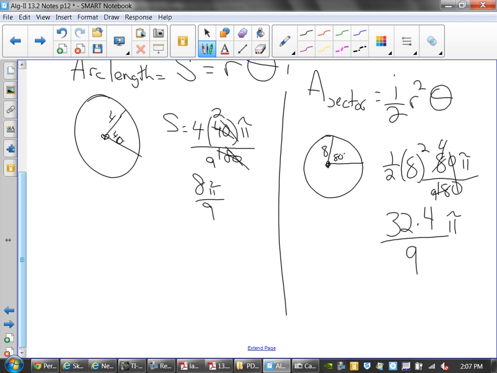What's 3 plus 2? 5. Can you divide that by 3? No, so I cannot simplify this any further. So, what's 32 times 4? 128. So you get 128 pi over 9. And there's your area.